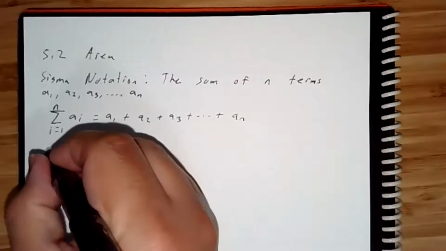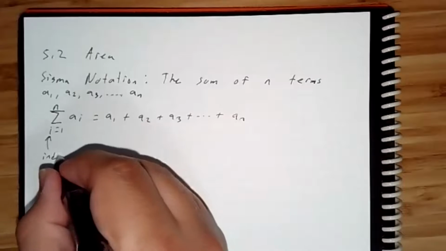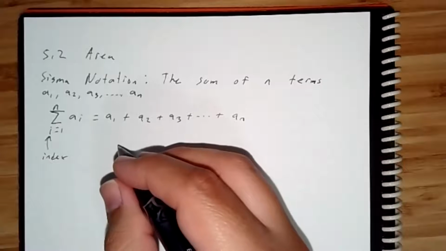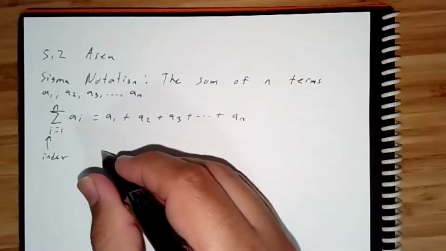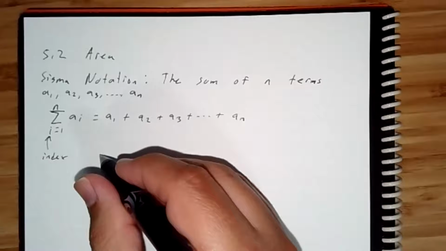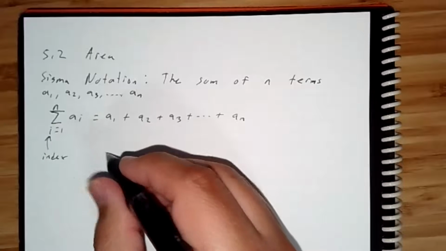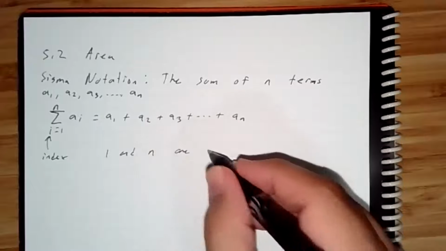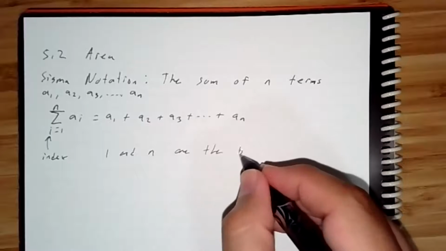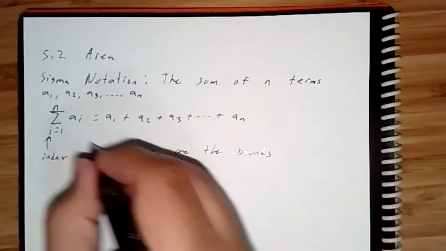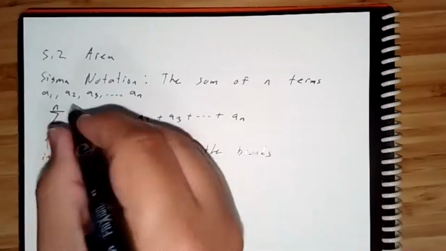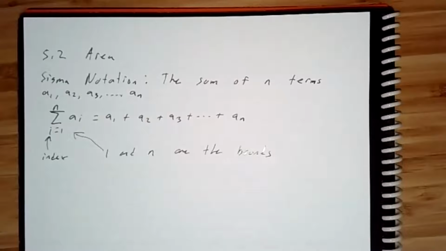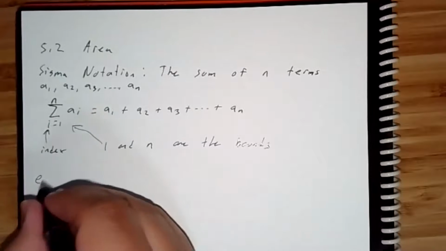So i is the index, and 1 and n are the bounds. Anyway, let's do an example, that'll make more sense.